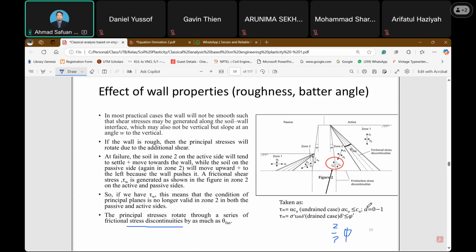It is due to the roughness of the wall, and at the same time, if there is an angle of w, it also contributes to the changes of the principal plane.